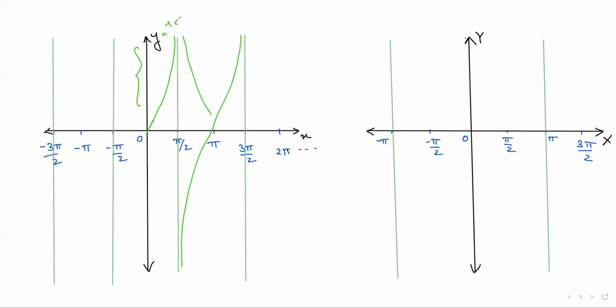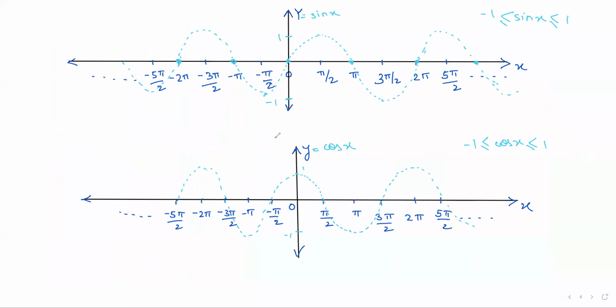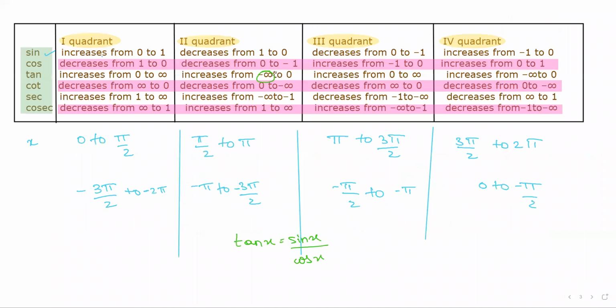Here y is tan x, and you cannot have a positive value of tan. You should only have negative values of tan while shifting from pi by 2 to pi. Hence, it is considered minus infinity to 0, even though it is not evident from your table or your circle. That's why in the table, you have minus infinity to 0, because you need a negative tan.